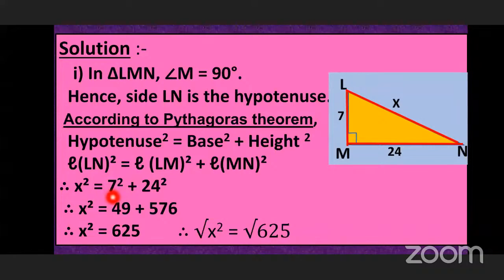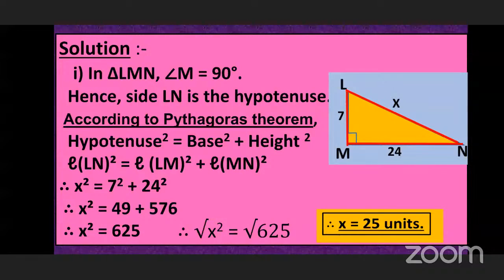So which number do we multiply twice to get 625? It is 25. 25 times 25 we get 625. Therefore, the root of 625 is 25.